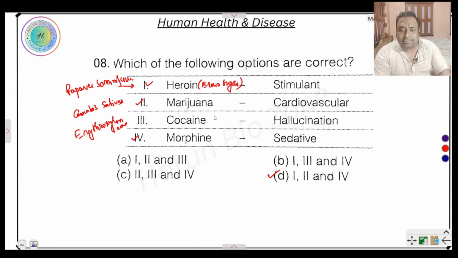Because cocaine is a stimulant. Cocaine, caffeine, these types of drugs are stimulant drugs, not hallucinogenic drugs.